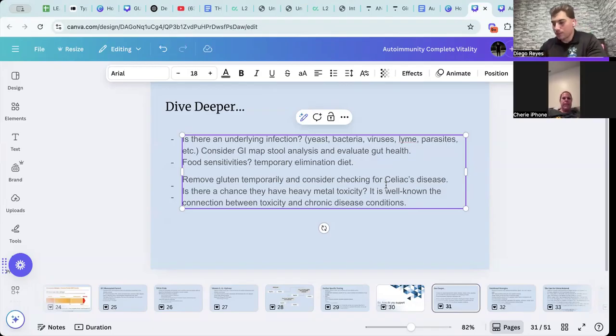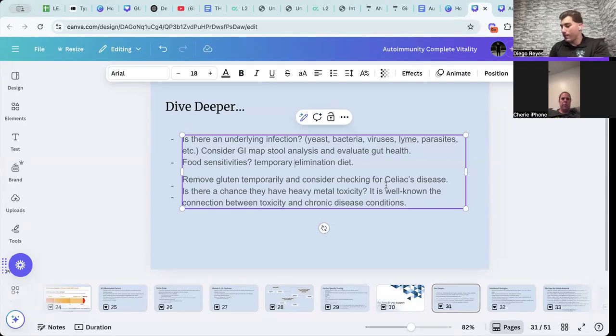Remember, we talked about this. In functional medicine, we look at your body as a whole rather than just one isolated thing. So your gut is more than just a digestive organ. It influences your immune system, your endocrine system, your lymphatic system, your hormones, and so forth.